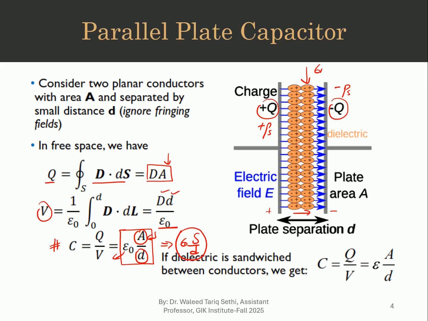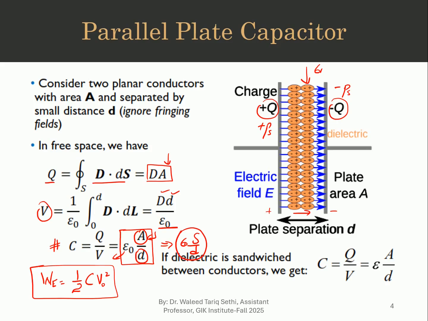S and A are basically representing the area inside the parallel plate capacitor. And just a reminder that the energy associated with the parallel plate capacitor is half C V squared, where V is the potential difference and C is the capacitance of the system. So these are the equations utilized for a parallel plate capacitor, and they will be helpful for us in solving different problems.